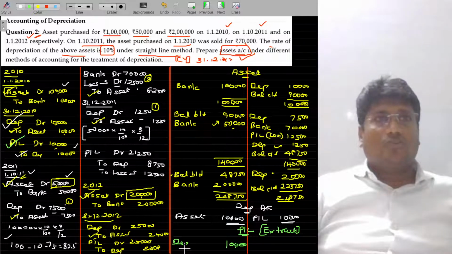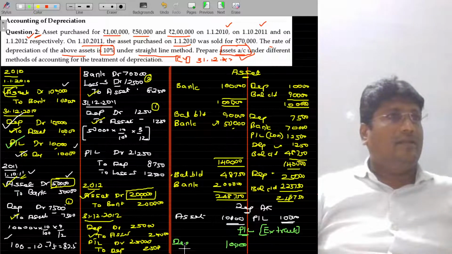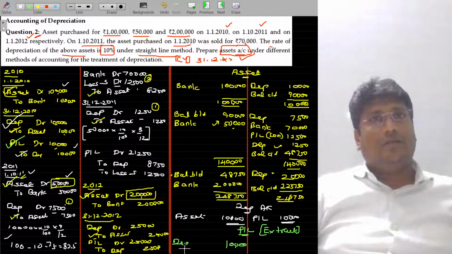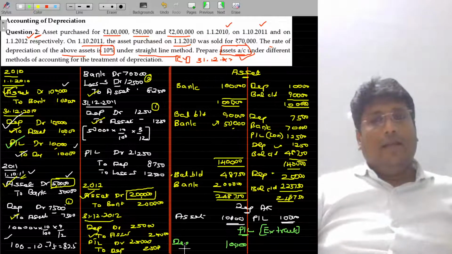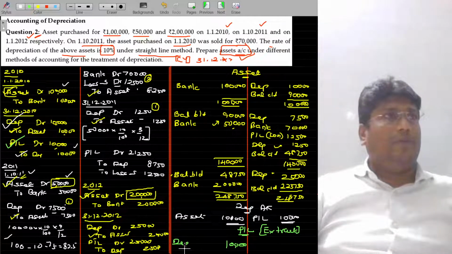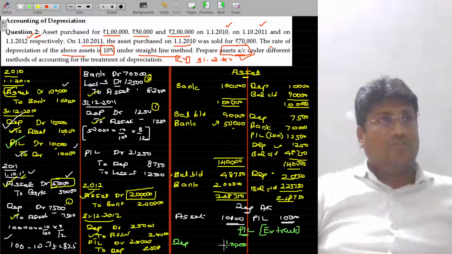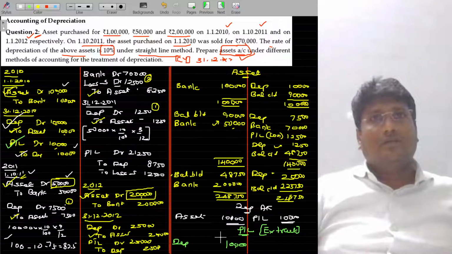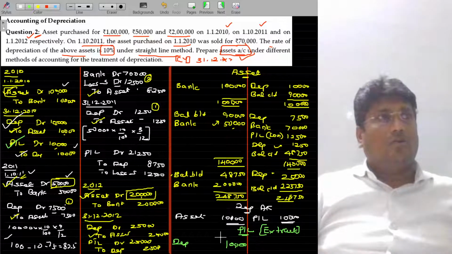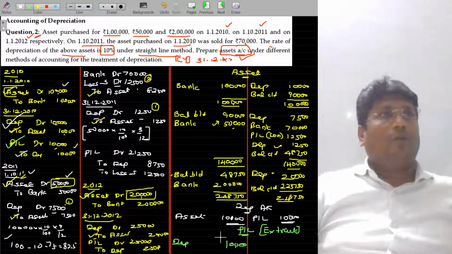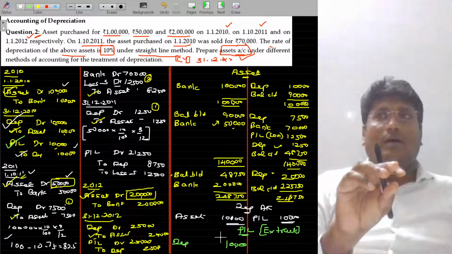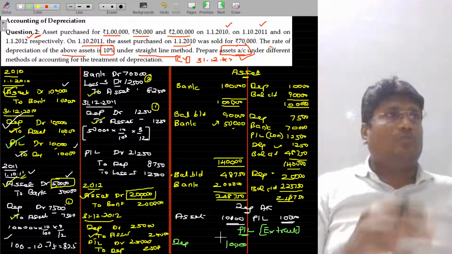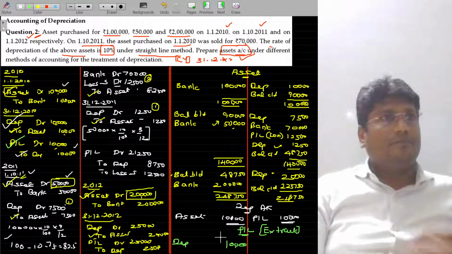Not only depreciation, it will show other accounts also like salary, advertisement, stationery, etc. And we usually start with the GP transferred from the trading account to this P&L account. I skip that for the time being because I'm not aware of that, and I'm not aware of the other accounts to be debited or credited to the P&L account. So that's why it is not a complete P&L account. It's only a summary, that's why it is named profit and loss account extract.